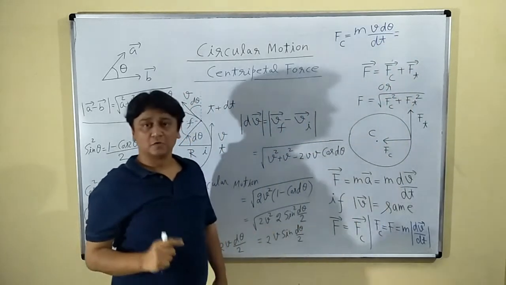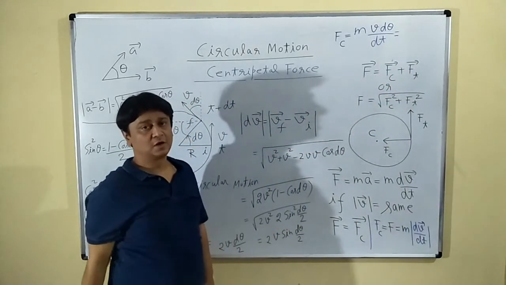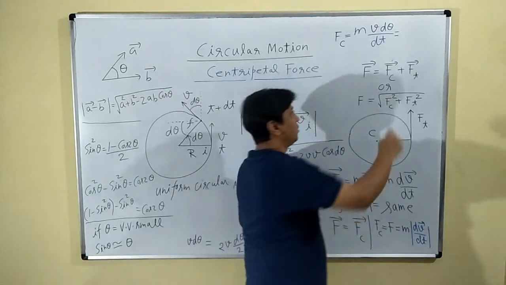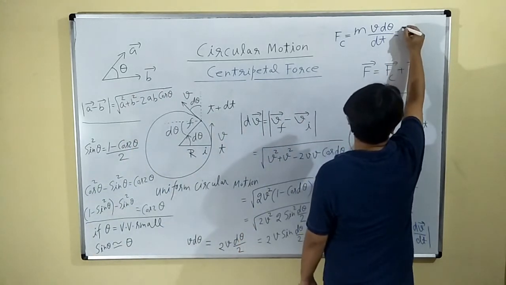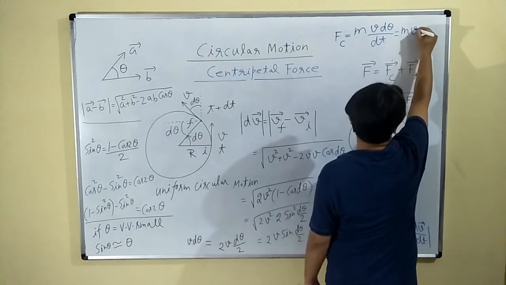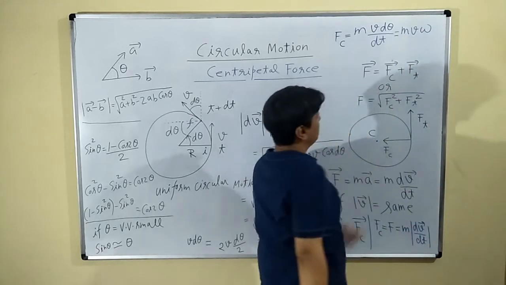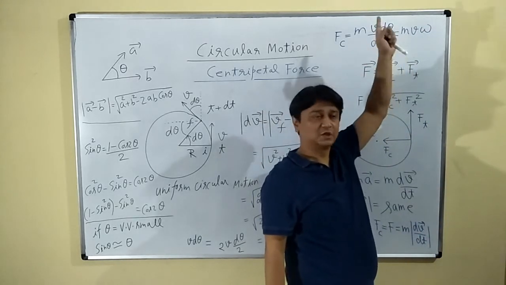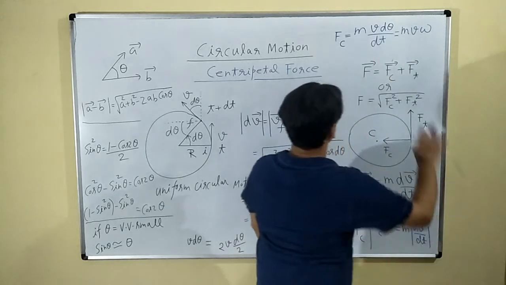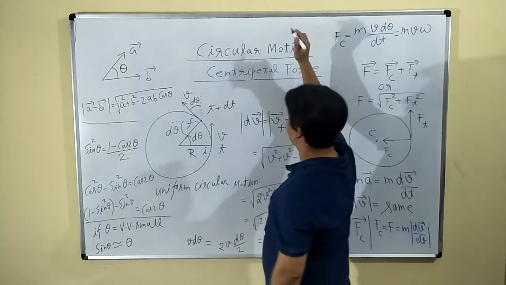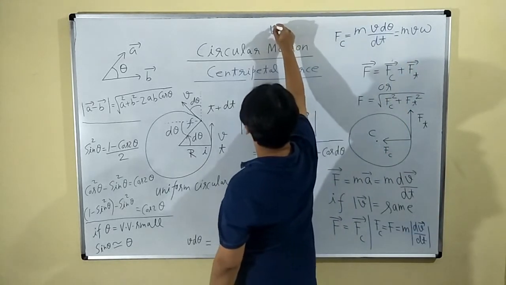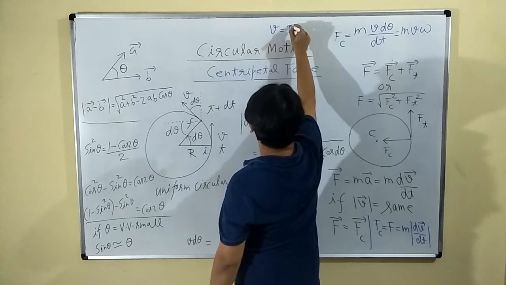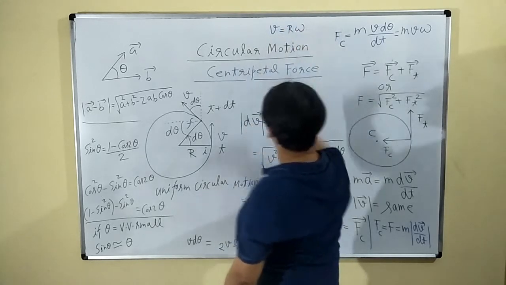This is called the rate of change of angular displacement, which we know is angular velocity, and therefore this is omega. And then we also know that V and omega are related like this.